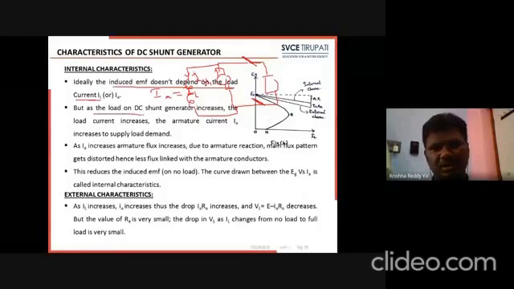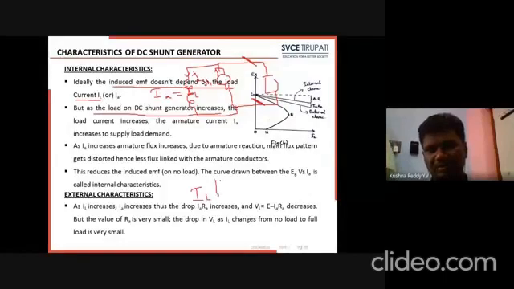But as the load on the DC shunt generator increases, its load current increases. Here the load current is obtained from the armature: Ia equals IL plus Ish. We have seen the circuit diagram. This armature winding supplies current Ia, which goes to the shunt field winding and the load.